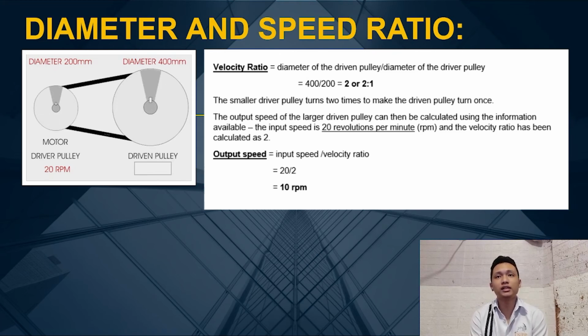The input is 20 revolutions per minute, and the velocity ratio has been calculated as 2. So the formula for the output speed is input speed divided by velocity ratio. So it is equivalent to 20 divided by 2, which answers 10 revolutions per minute. So that is the output speed of your driven pulley.